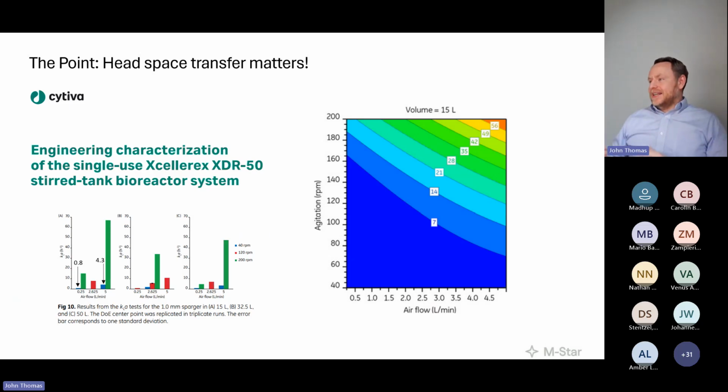I'm not renting tables at a Comic-Con or anything, but foundationally, we have this good data where Cytiva did a good thing, or maybe GE did it before them, where they provided this nice data where they measured KLA at different operating conditions, and they create these maps. Hand over heart, this is great that they do this. It gives people an expectation of what sort of KLA they might be able to realize at a certain fill volume, airflow, and agitation rate. This is cool. This is a good thing to do.